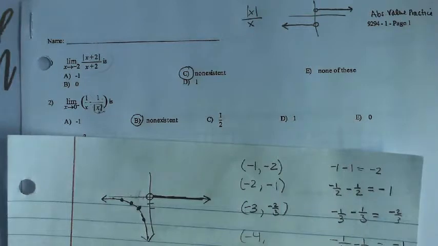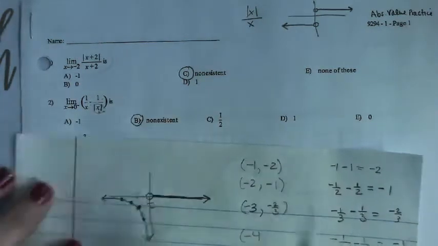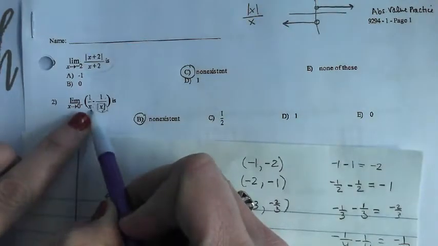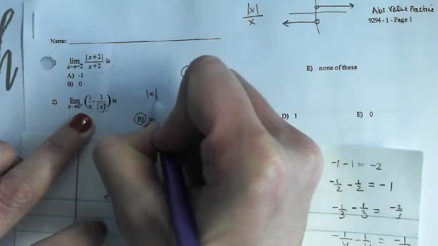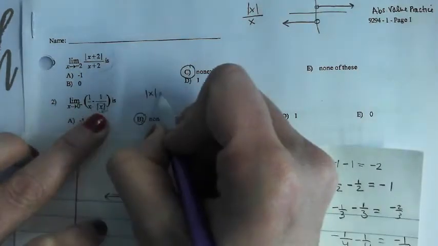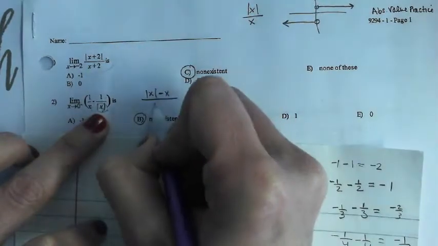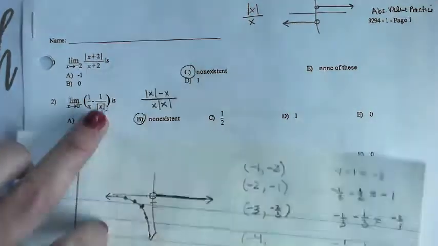Would you ever try, and I'm just brainstorming here, I have no idea if it's going to lead me anywhere, getting a common denominator? Or would that just be ugly? If I tried to get a common denominator, this would need the absolute value of x. This one would need just the plain x, and then it would be over x times the absolute value of x.